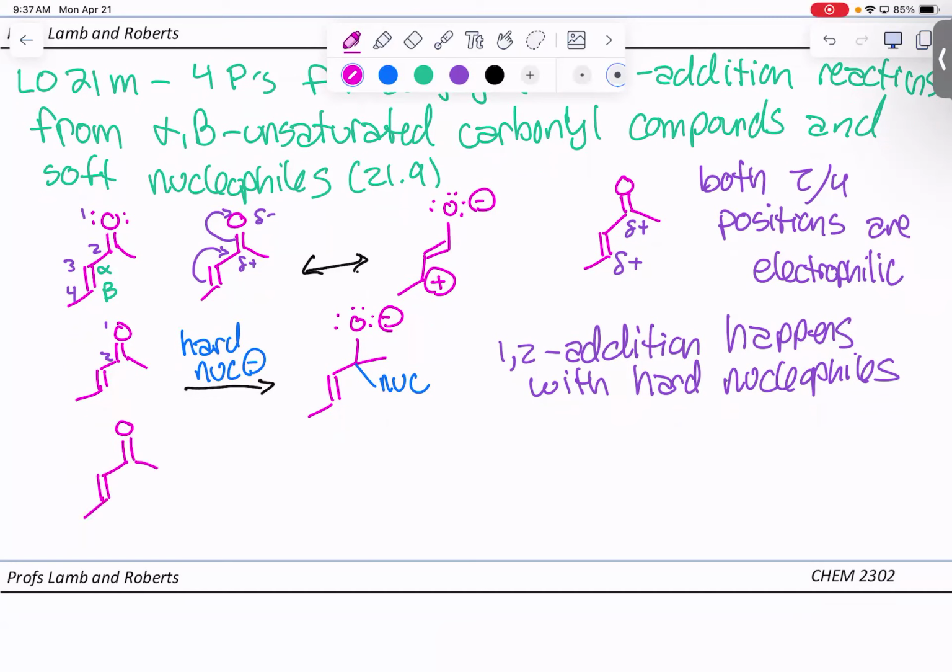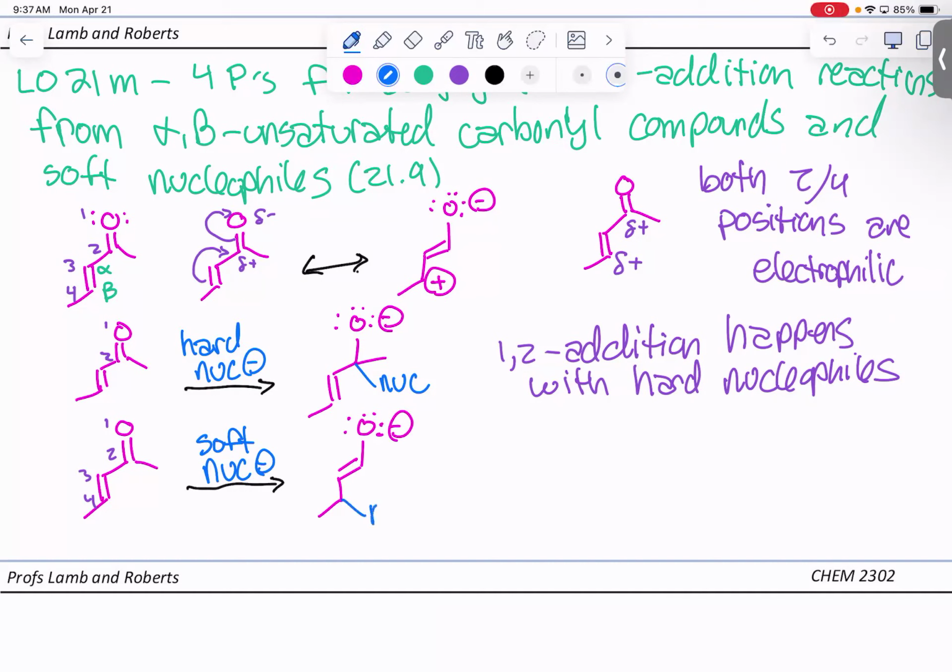All right, so we have the 1, 2, 3, 4 position. So if we take in a soft nucleophile, as our learning objective tells us, it's going to do a 1,4 addition. So the product of this reaction will end up being, the oxygen will still be negatively charged. We sort of use resonance this whole time.